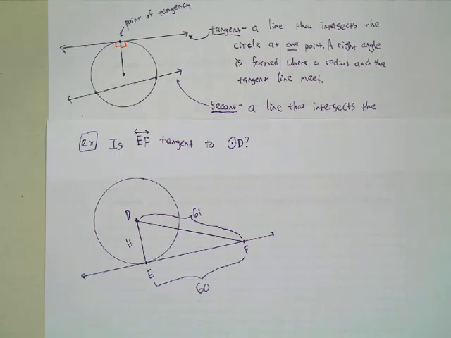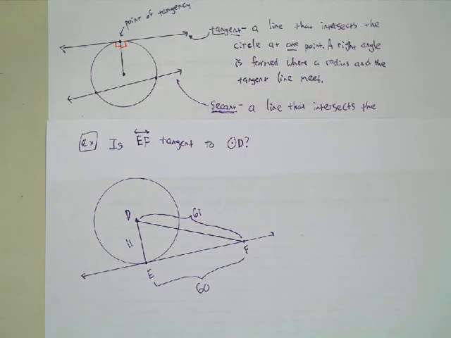But how can we determine if line EF is a tangent line? What's the relationship that we can utilize? I'll give you a hint: we talked about this relationship when we talked about tangent lines. What kind of triangle would this have to be?